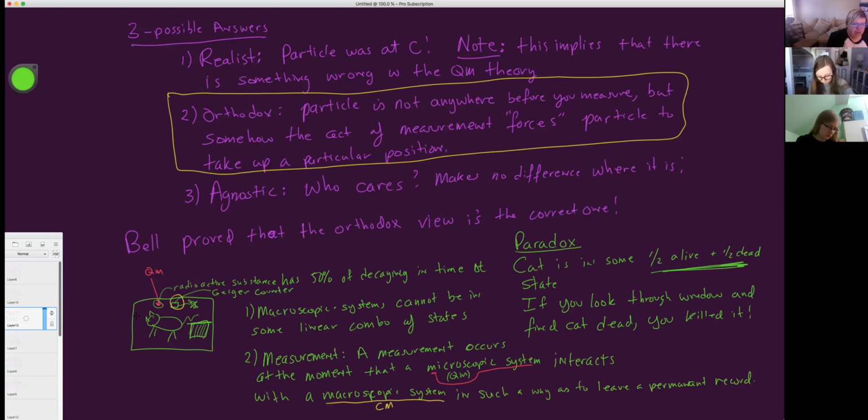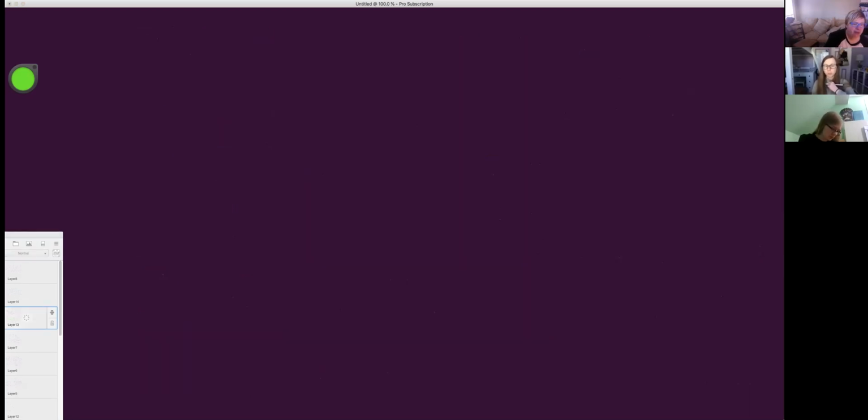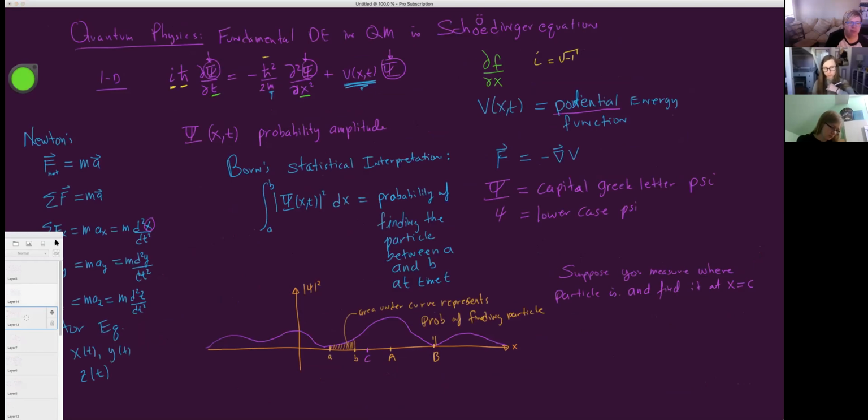Now, you may have heard the term collapsing of the wave function, right? So if we go back to our previous slide or layer, there it is.